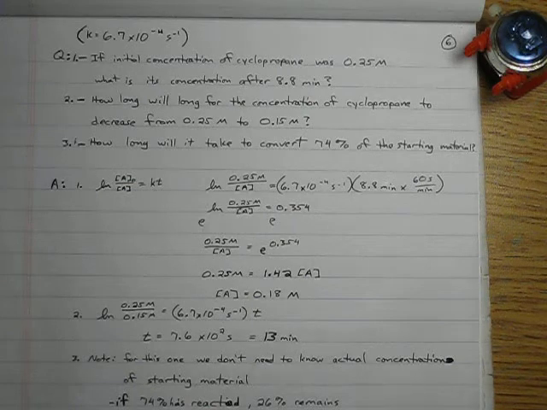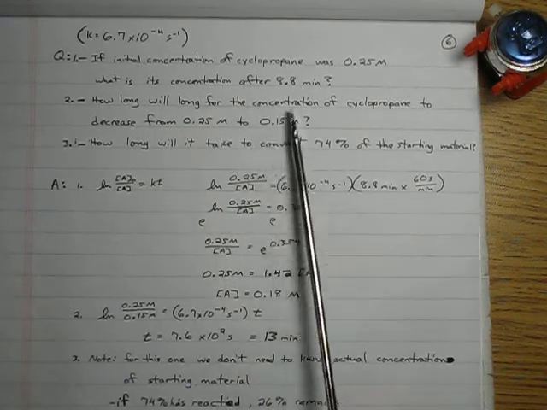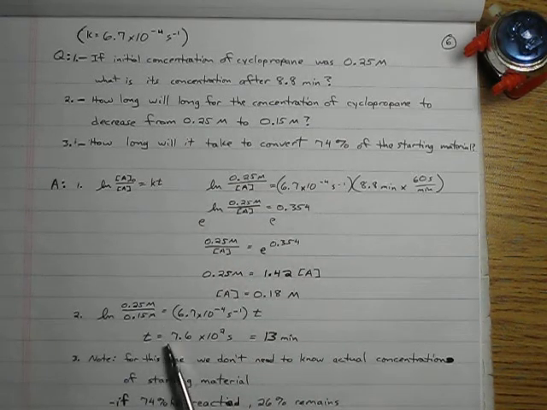All right, note on an exam, if the question is how long will it take for the concentration to drop, if you left the answer 7.6 times 10 to the second seconds, that is perfectly acceptable. That is a unit of time. However, occasionally the question will ask how many minutes for this process to occur.